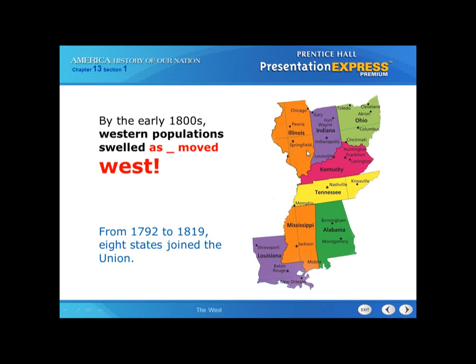Again, these were part of the Northwest Territory. They did become states in the early 1800s. Ohio was 1803. But remember, these were part of the Northwest Territory. The Northwest Ordinance was written in 1787. But again, all these new states are popping up as people move from the eastern coast, moving westward, north and west.